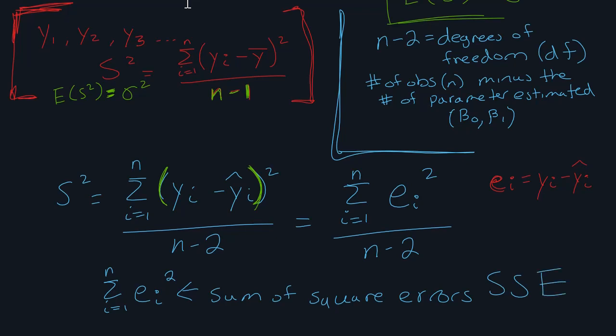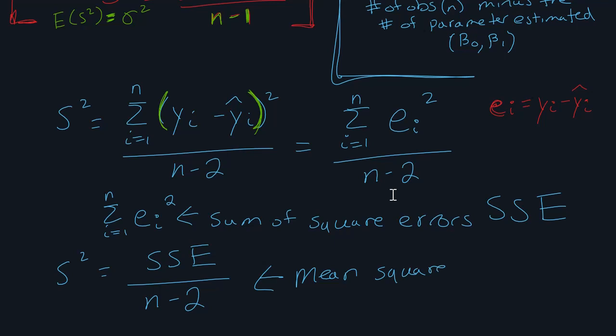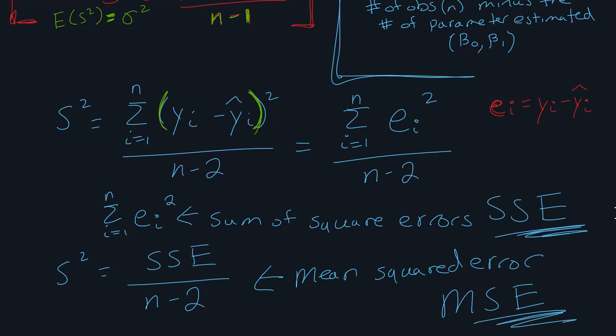Then when we take s squared, which is SSE divided by n minus 2, this is often referred to as the mean squared error, MSE. These are acronyms that you're going to want to memorize. You're going to see SSE and MSE popping up a lot, especially when you're doing your data analysis in Excel. It's going to tell you SSE and it's going to tell you MSE, so now you know what those are.